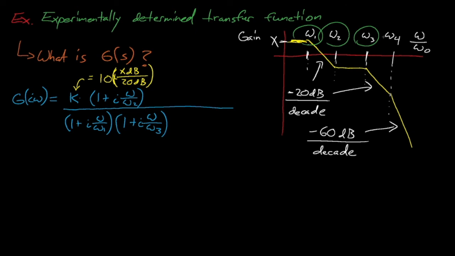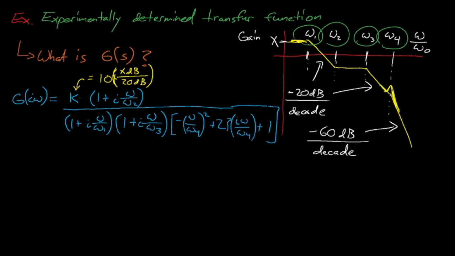At omega 4, the slope turns from negative 20 decibels per decade to negative 60 decibels per decade, which either means that we have a 1 plus i times omega divided by omega 4, squared, term in the denominator, or a pair of complex conjugate roots. However, the weird hump at omega 4 indicates that we must have a pair of complex conjugate roots, where the height of this hump can give us the value of squiggle in the equation here.